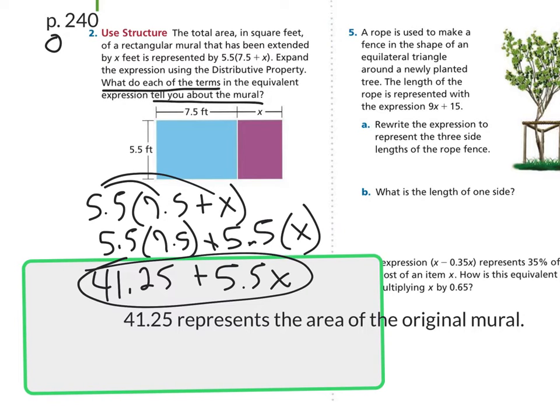And then what would the 5.5x represent? 5.5x stands for the extension. Good. So 5.5x represents the area of the extension.